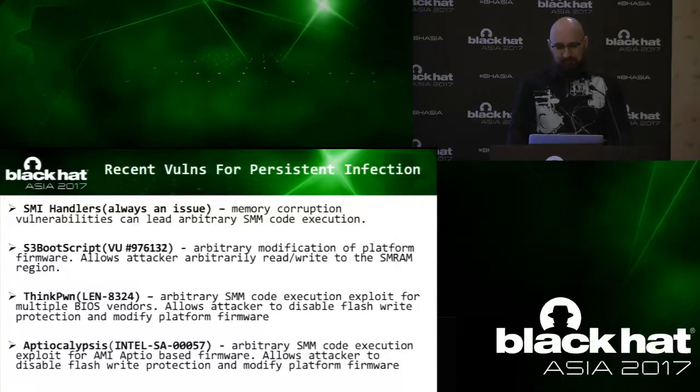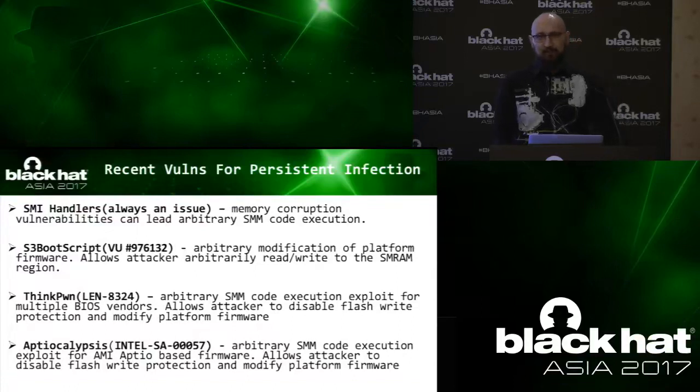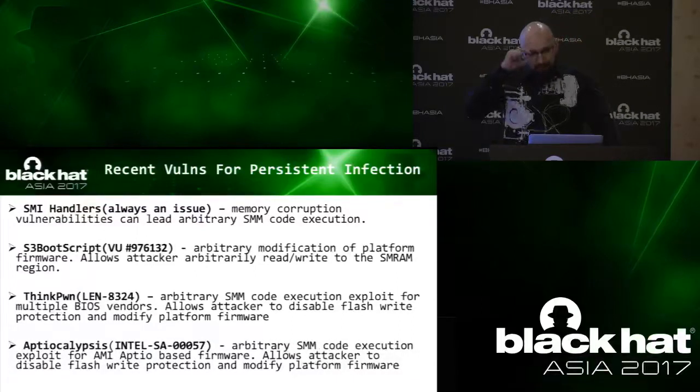The most recent one is Aptiocalypsis, which shows a very cool technique for bypassing SMM checks. It's a kind of prevention and mitigation technique in the BIOS which can prevent some code execution in SMM, but this exploit uses the first publicly known code reuse attack and successfully bypasses the SMM checks.